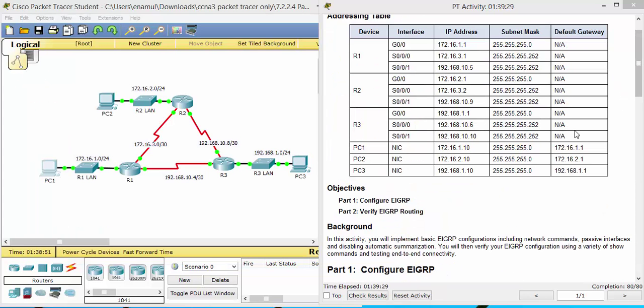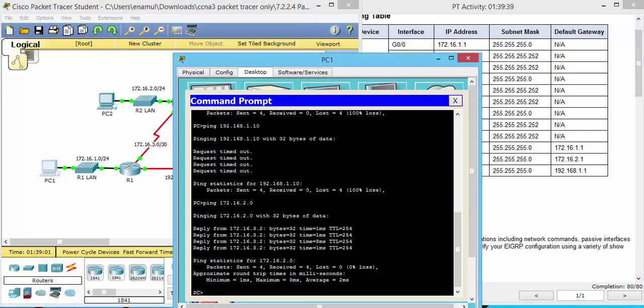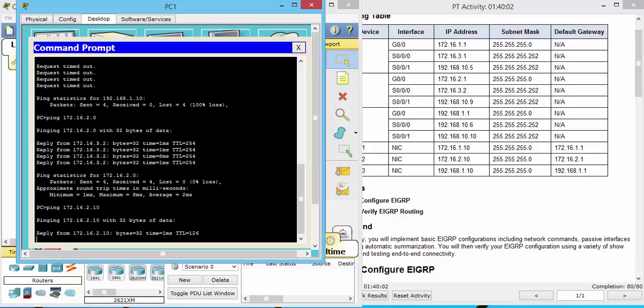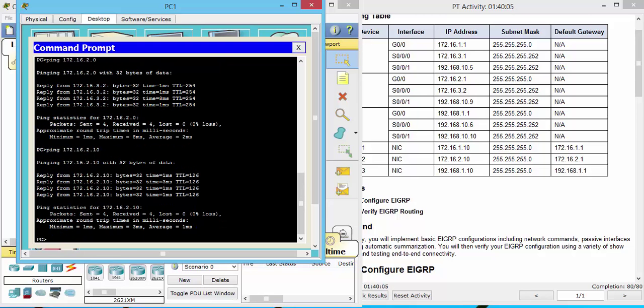Now we ping from PC1 to PC2. This is PC2, address 172.16.2.10. We see the ping has been successful.